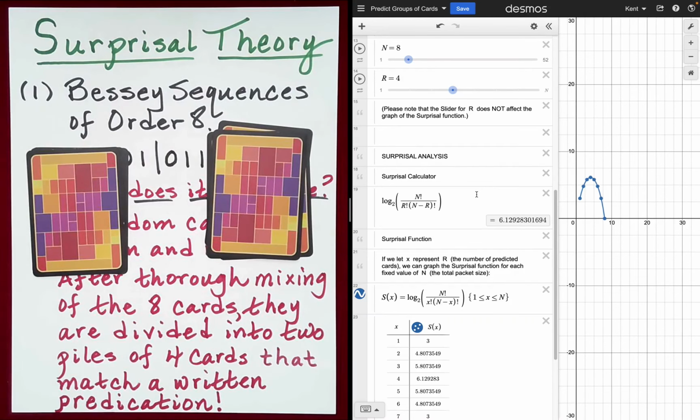Well, we'll go ahead and round it down. That's reasonable to do, so 6 bits. So what it means is all of the performances that I have shown on my channel that deal with Bessey sequences of order 8, each of those have a surprisal value of 6 bits. Once again, what does that mean?